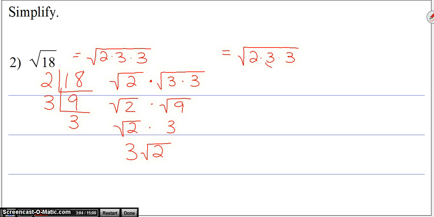So what I'll do is I'll circle the 3's and know that that is actually 3 times 3, which is 9, and the square root of 9 is 3, and that gets to come out as 3, and that 2 that's still there that doesn't have anybody to partner with gets stuck on the inside. So that's kind of a shortcut way to work through this process. So let's do a few more examples.